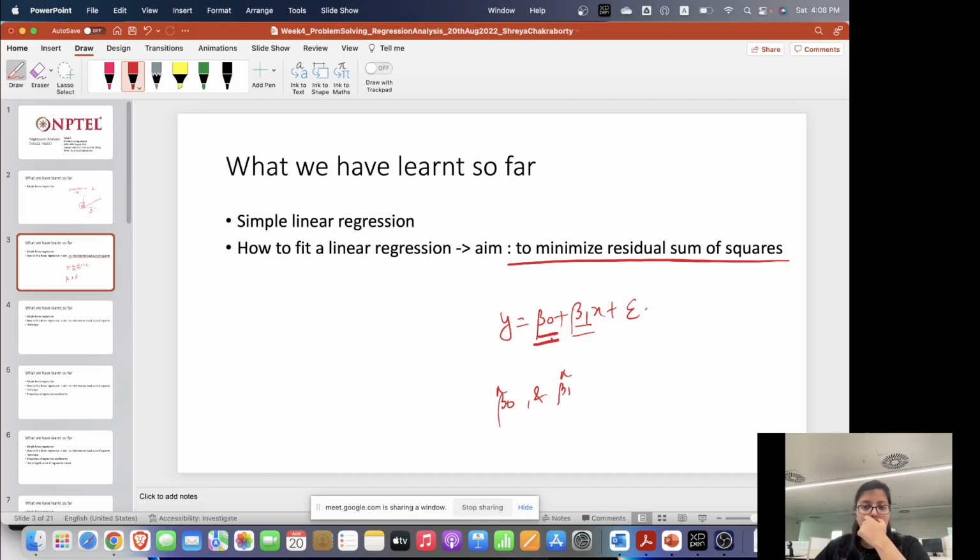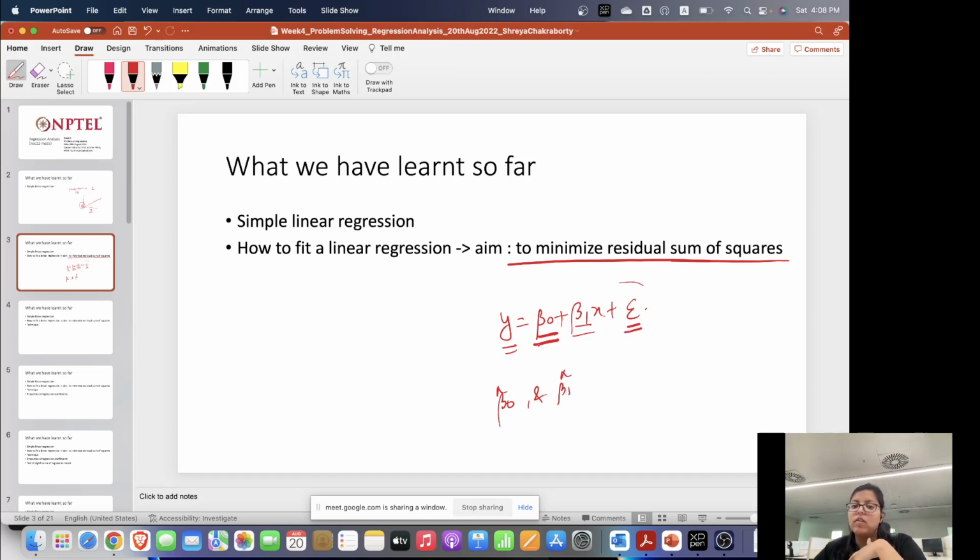Based on our observations on y and x, we are assuming that y may be related to x through this model, where epsilon is the error part which our variable cannot explain.